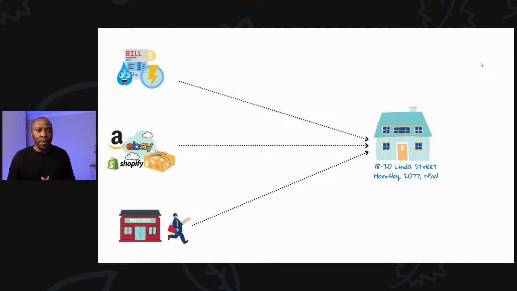We might not own the house, we might rent the house, but that house, there's a 90% chance that it has an address that it is reachable on. And in my case, this was my old address. So my address was number 18 to 20, Linda Street, Hornsby, and the postcode was 2077, New South Wales.